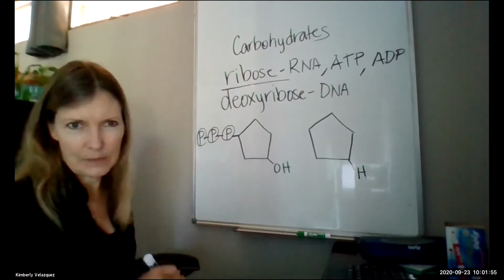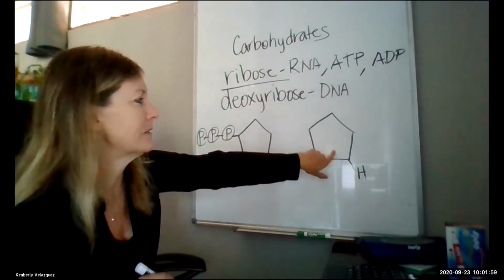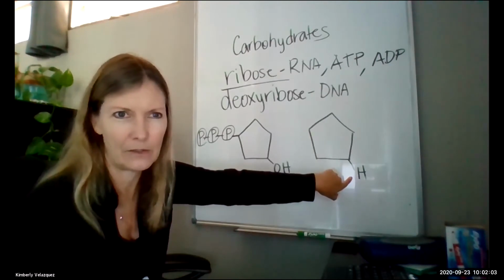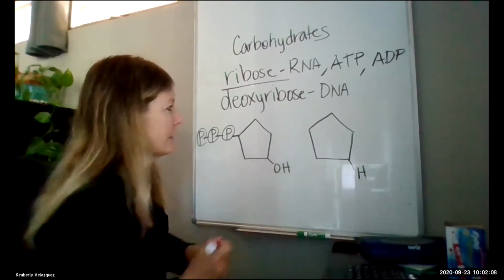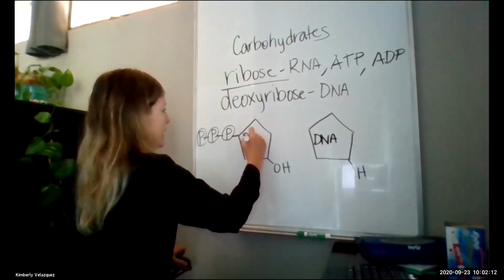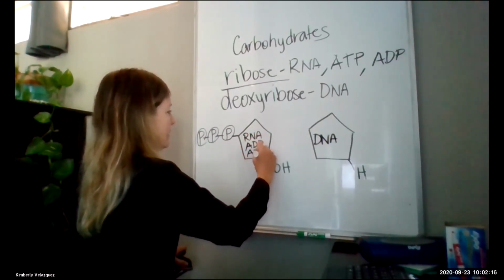So they're really similar in structure. So deoxyribose is missing an oxygen right there. Otherwise, it's identical in structure to ribose. It's just missing that oxygen right there. So this makes up our DNA, and this makes up our RNA, our ADP, our ATP.